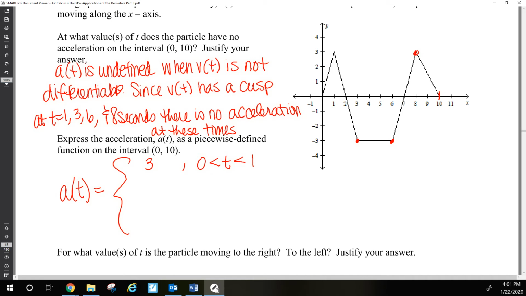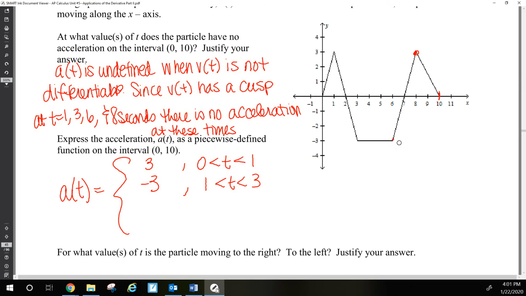Our slope looks like it's down 3 over 1, so my slope is going to be -3. Remember, slope of my line, that's the derivative. First derivative of velocity is my acceleration. So slope is -3 between 1 and 3 seconds.